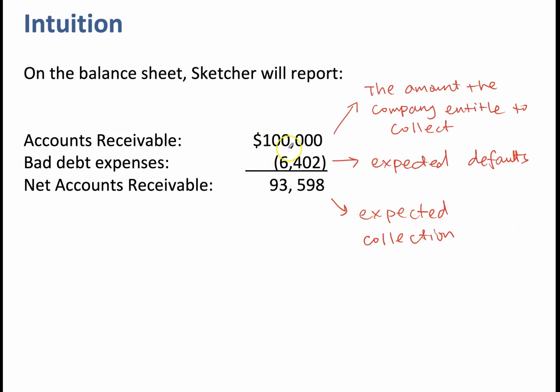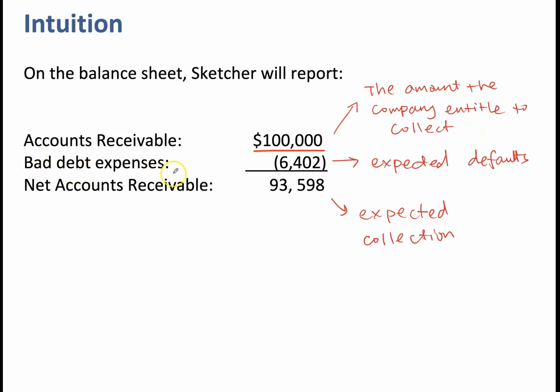And then accounts receivable subtracting bad debt expenses will be the net accounts receivable. That's how it works. So intuitively, what this means is that the accounts receivable account reports the original accounts receivable number without considering bad debts. That is the amount the company is entitled to collect.